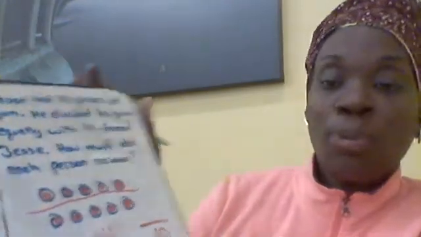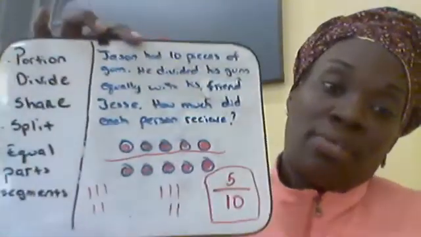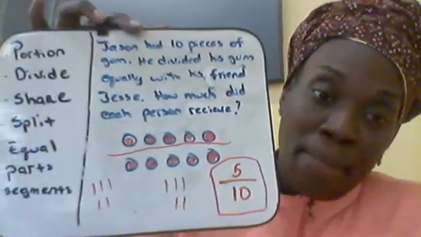So if we have 2 hands, there are 5 on each hand, and so this is 10. We're dividing it equally. How much would each person receive? 5. Very good. So we can actually do a divide right down the middle, just like that. Each person received 5. So that is a perfect half of 10. So our fraction is 5 out of 10, okay? So that's what each person received.